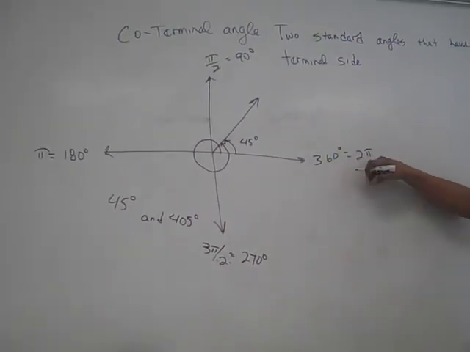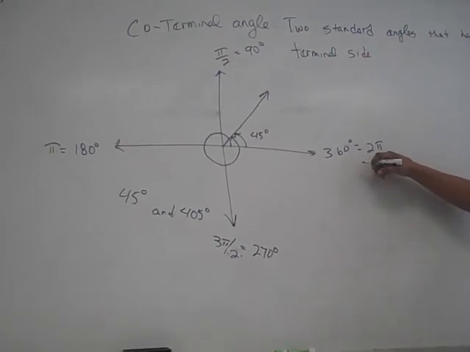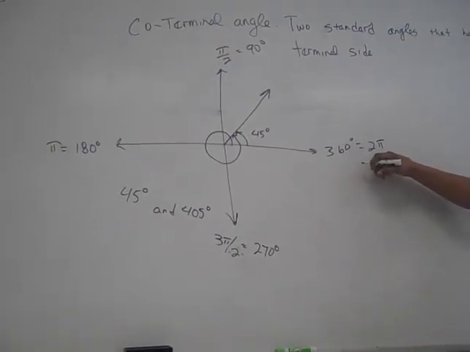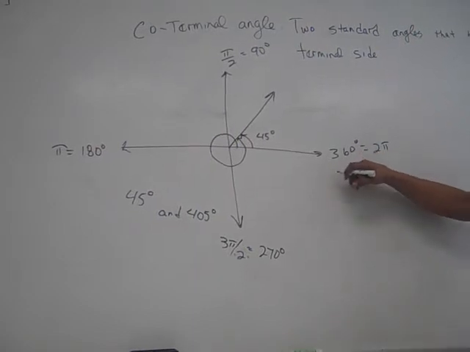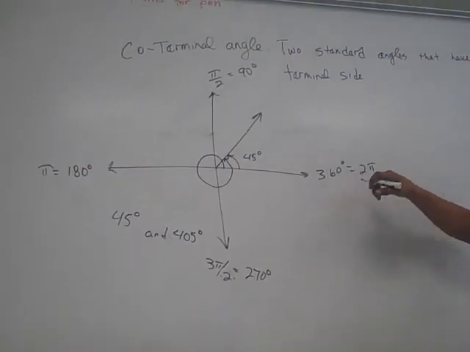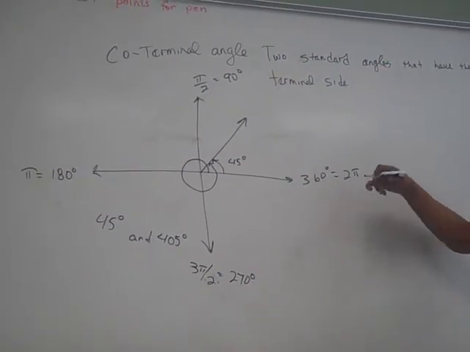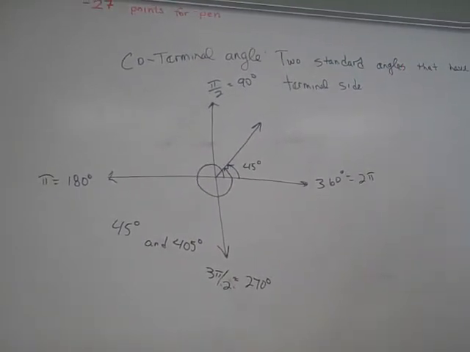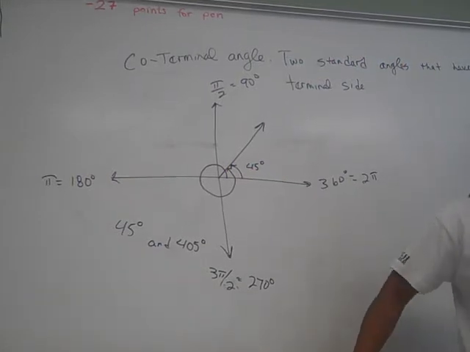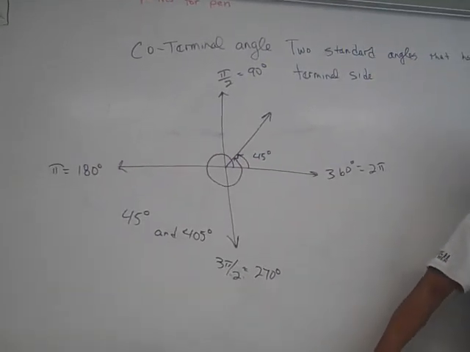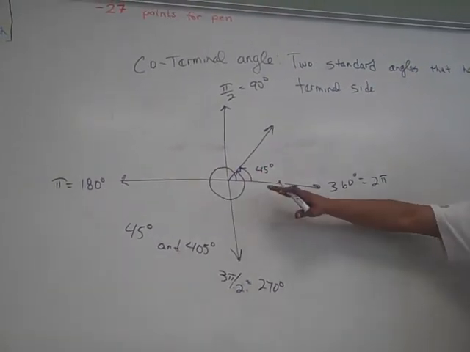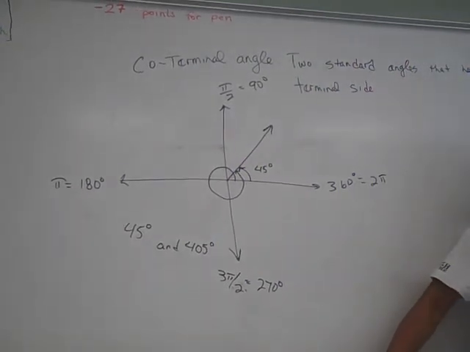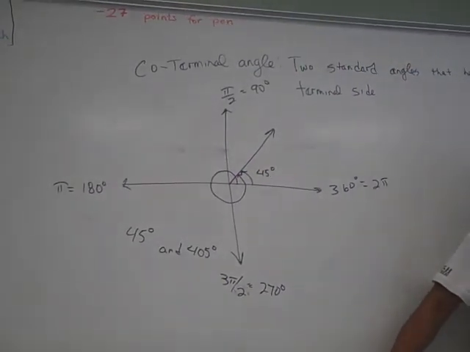If I'm dealing with radians, what should I do? Thank you. Add or subtract 2 pi. Just like in geometry, when they told you you had to memorize your definitions in order to make it easy, when I ask you to memorize something overnight, if you don't do that, it won't be easy the next day.